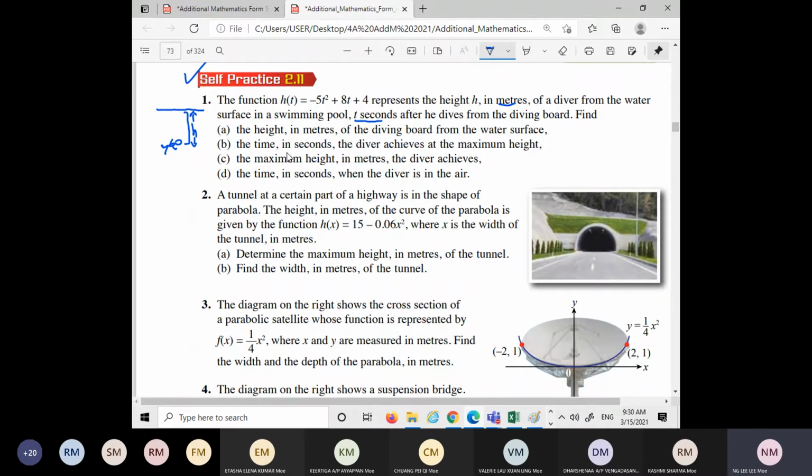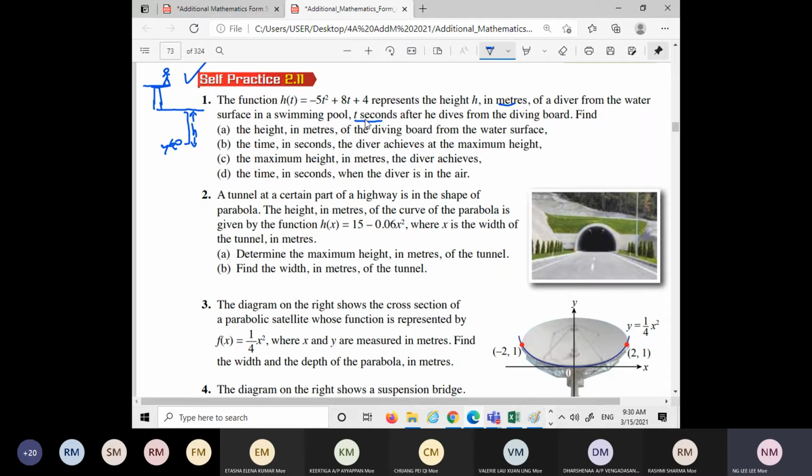So for part A, they want you to find the height in meters of the diving board from the water surface. How to find? Before it dives, the diver stands here.